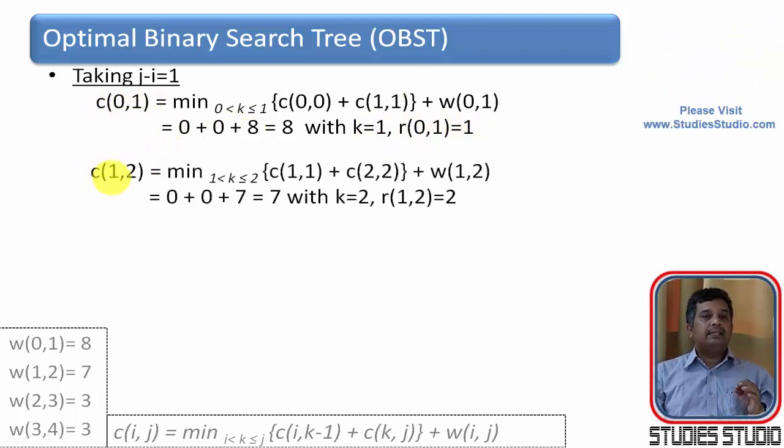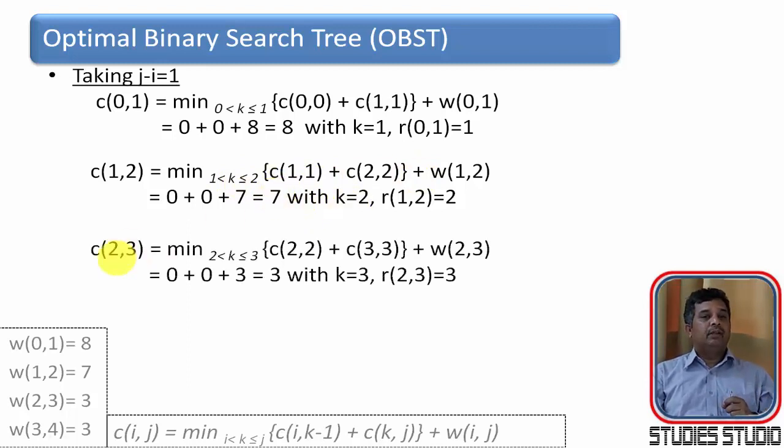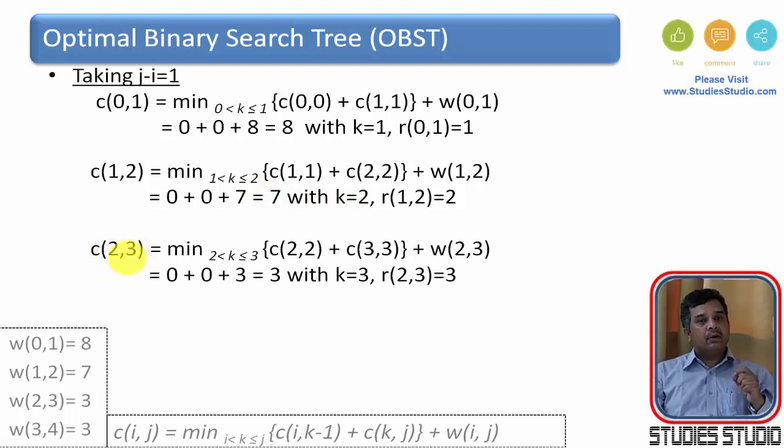Similarly, let us find C12. It means j minus i equal to 1. Now here also this inequality is satisfied for k equal to 2. And if we put the values for k equal to 2, the value we get is 7. For C23, here again j minus i is 1.